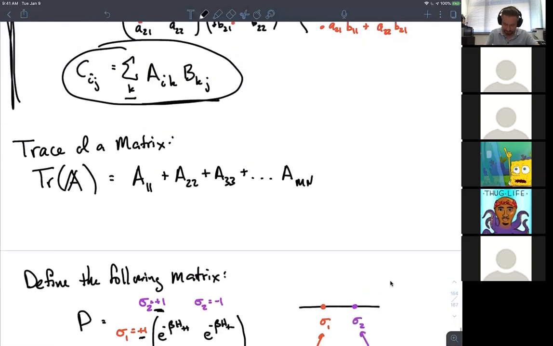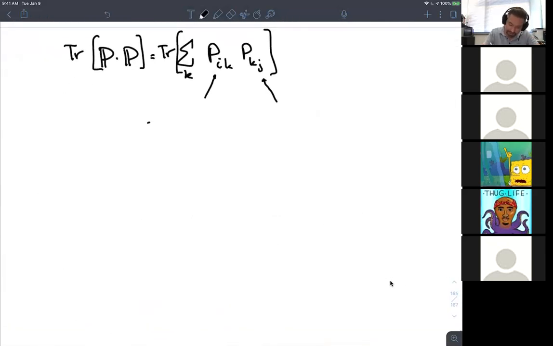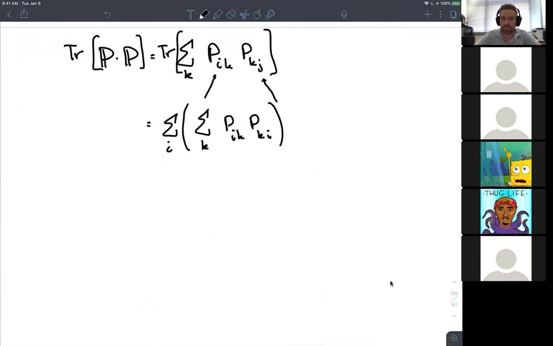So a way to write this is sum over I, sum over K, P I K, P K I. That is taking the trace of this product of two P matrices.